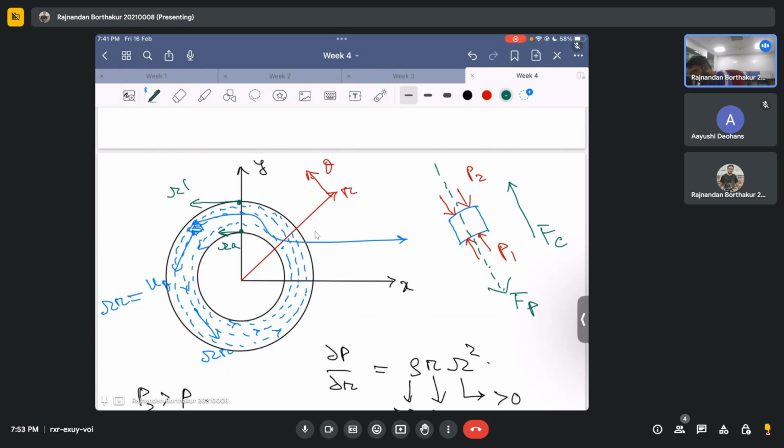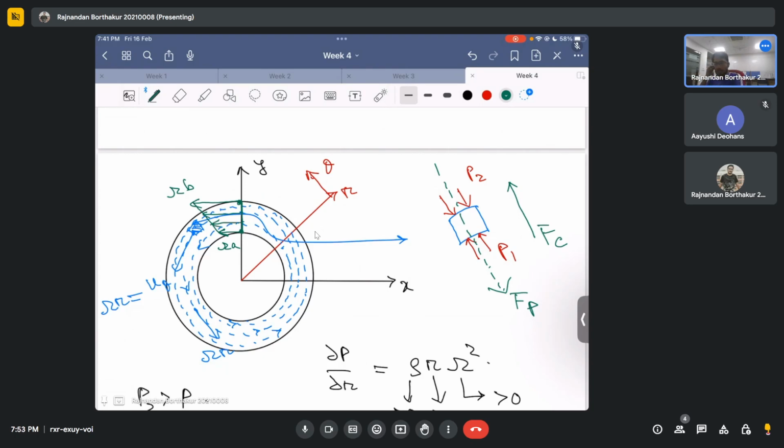So this would be the velocity field in the theta direction.